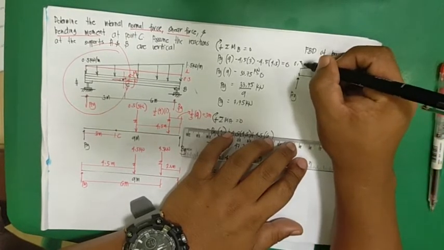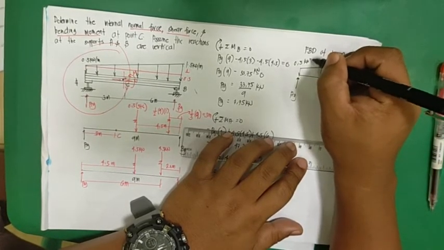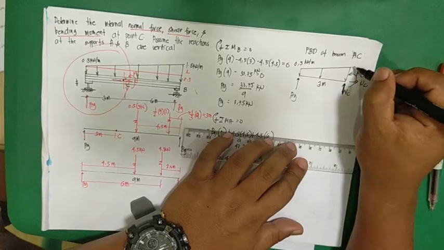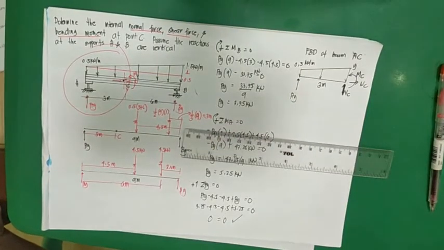This is 0.5 kilonewton per meter. This is Y. We don't know this one.